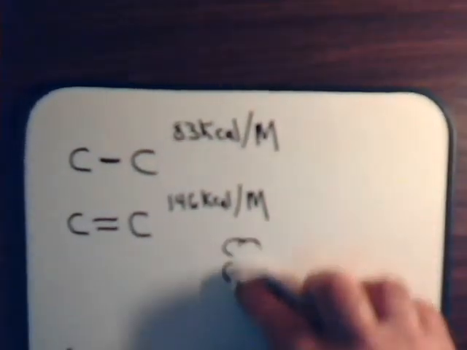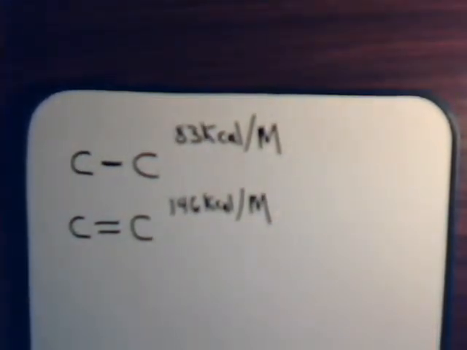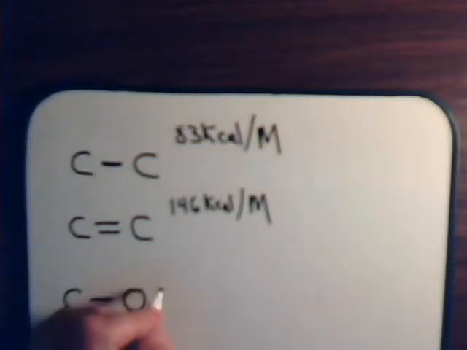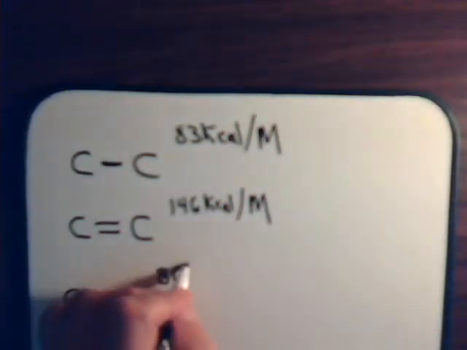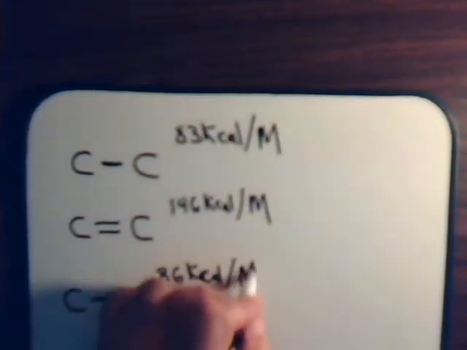But if we consider the situation when carbon has a single bond to oxygen, like for example in ether, this would be much more polarized. Oxygen is much more electronegative than carbon is, so we'd expect this bond to be stronger than this pure covalent bond. But in fact, they're almost the same, 86 kilocalories, again, per mole.